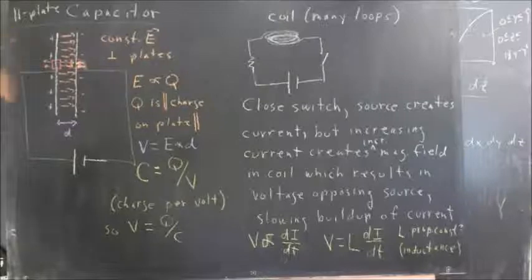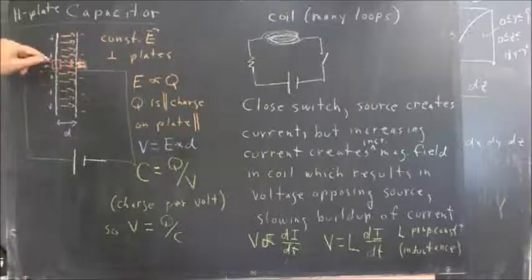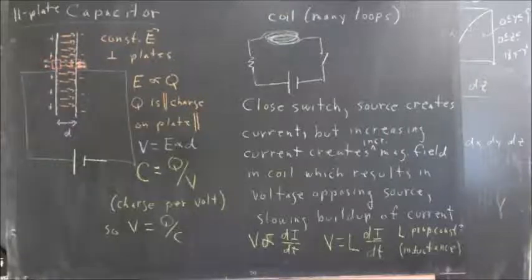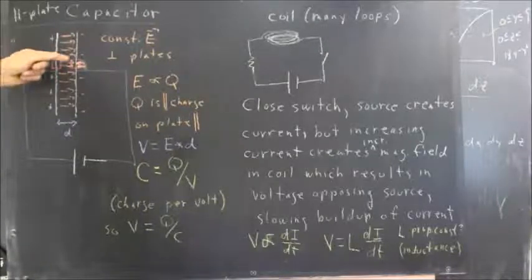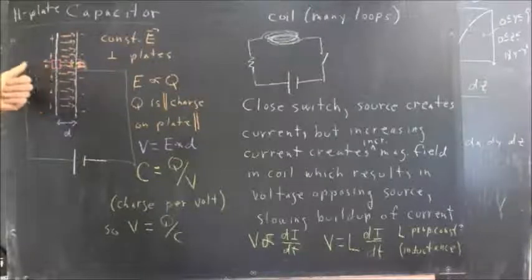Now, going back to the Gauss's law idea, we construct a rectangular box around this plate, and we see that the positive charge results in electric field pushing away from the plate.